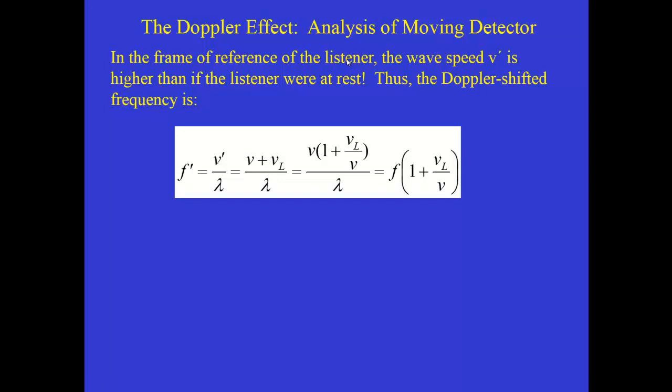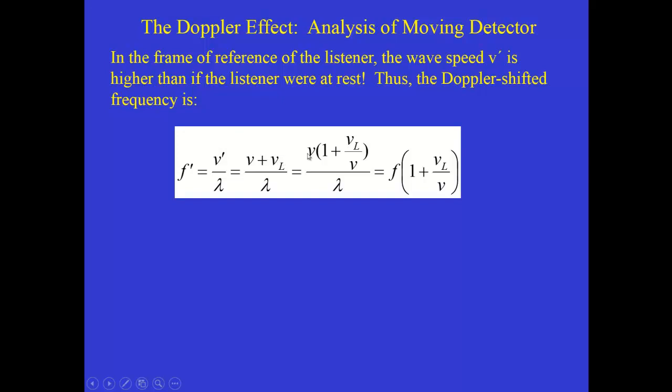And that's because the wave is traveling towards the listener, but the listener is traveling towards the wave. And so the apparent velocity of the wave coming towards the listener is greater by the amount of the listener's velocity. And so if we write the Doppler shifted frequency now as v prime over lambda, where v prime is the new wave speed, v prime is v, the original wave speed, plus the velocity of the listener.